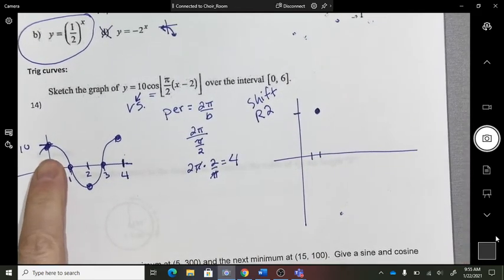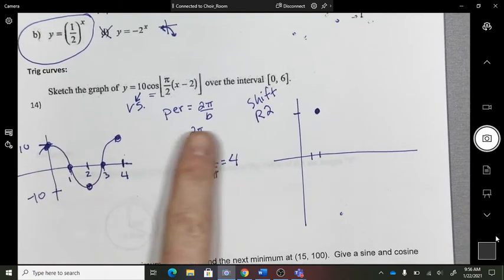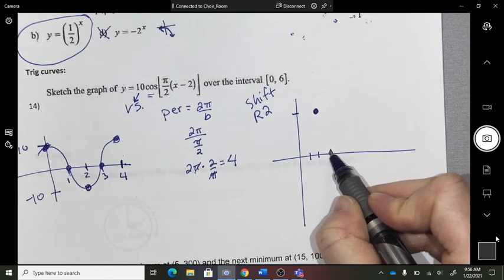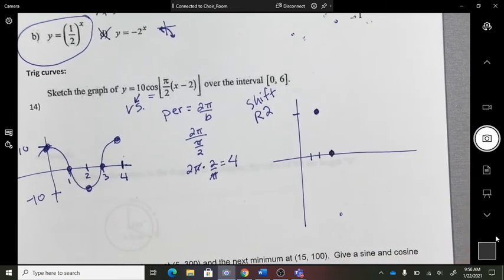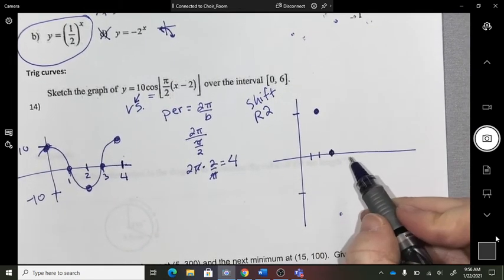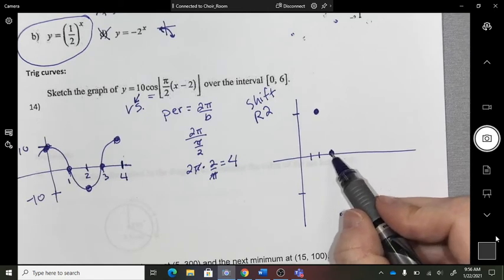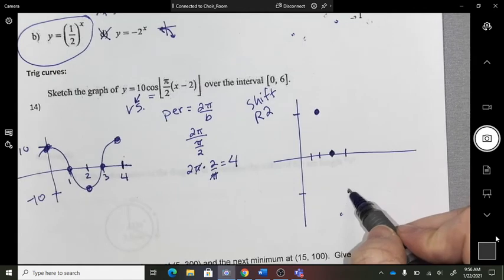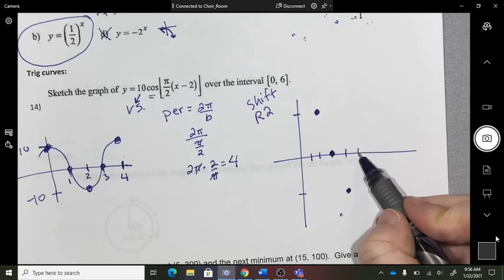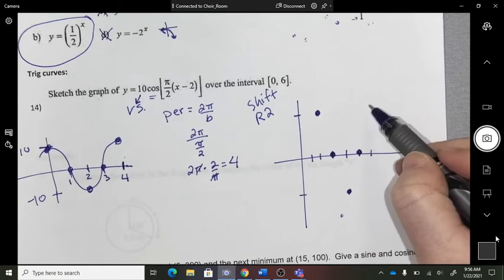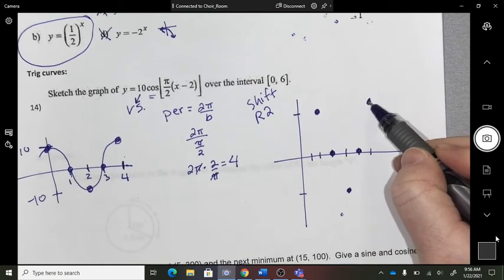So this was the starter, but now it's over there. At 3, I'm back to the middle. At 4, I'm at a low. At 5, I'm back to a middle. At 6, I'm at a top.